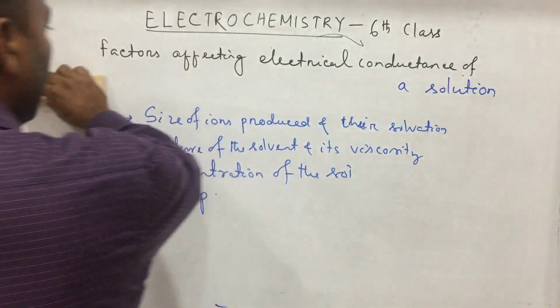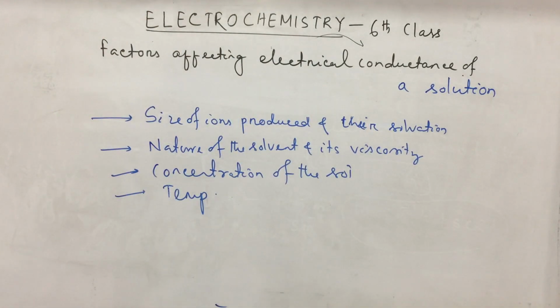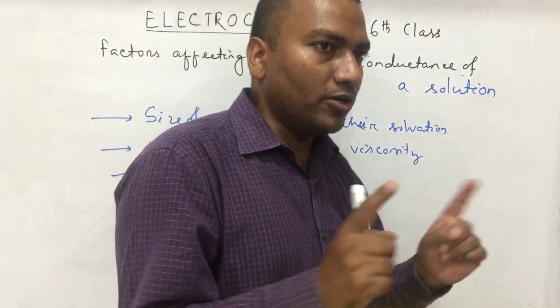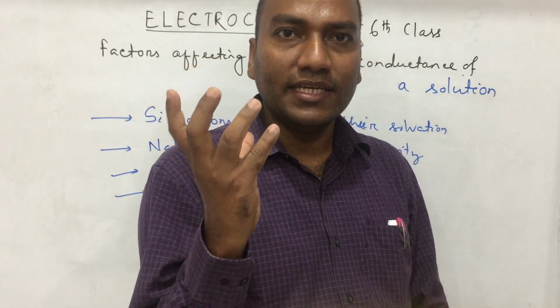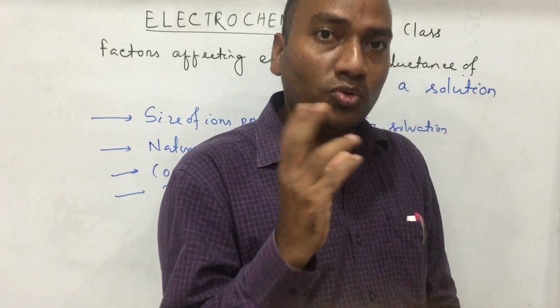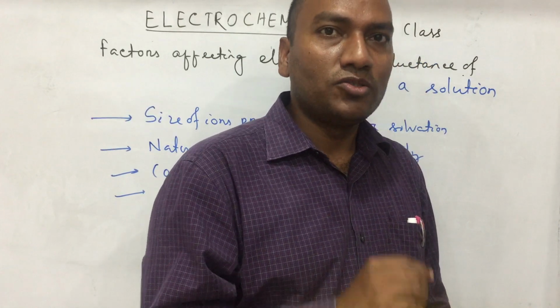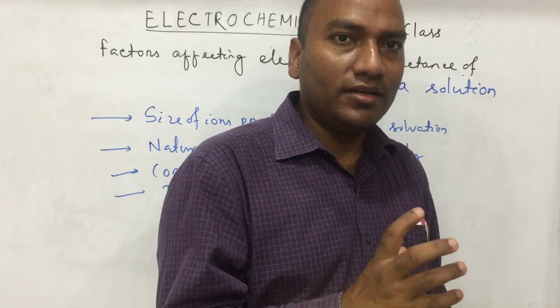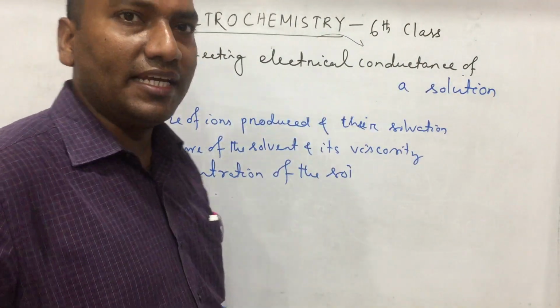Second one is size of the ions produced and their solvation. Greater is the size of the ions or greater is the solvation of the ions, less is the conductance. If you compare two ions, one very large and another very small, in which case is the ionic mobility very high? Definitely the small ion. If the ion size is very large, its conductance is very less.